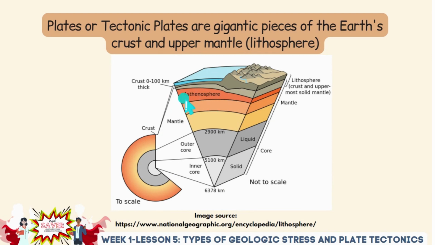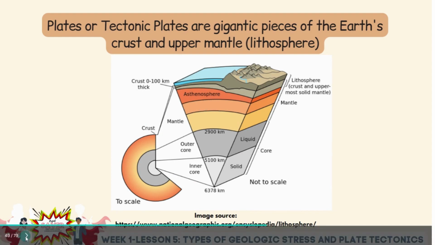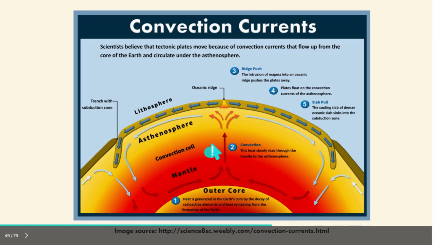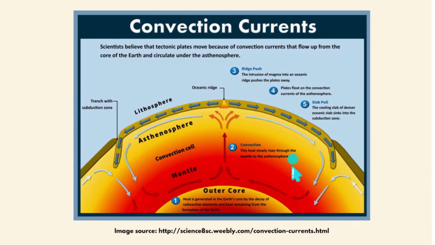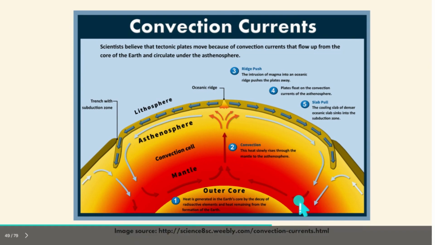Okay. At merong convection na nangyayari sa asthenosphere. Dahil sa convection na nangyayari sa asthenosphere kung saan umaangat ang hot molten rocks at bababa naman ang mas malamig na molten rocks, nagkakaroon din ng paggalaw ng plates.